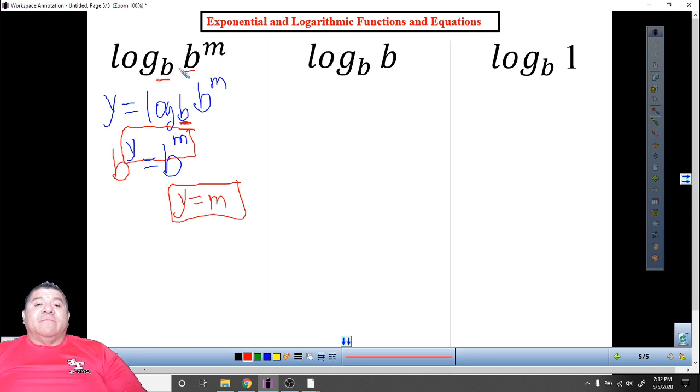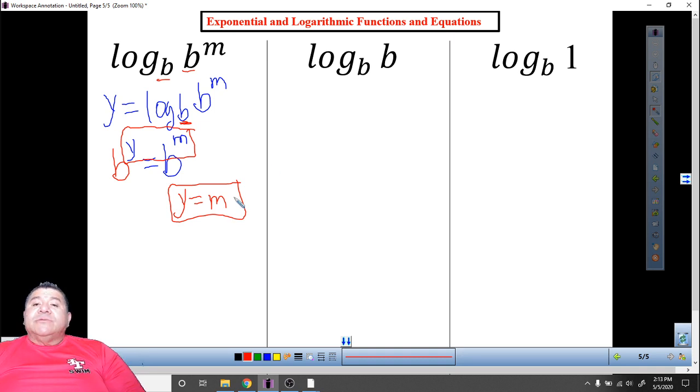Let me repeat that again. If the base is the same as the given number of the log, then the solution, or the missing exponent, is the exponent on the given number. Did we get that? Yeah, there it is.